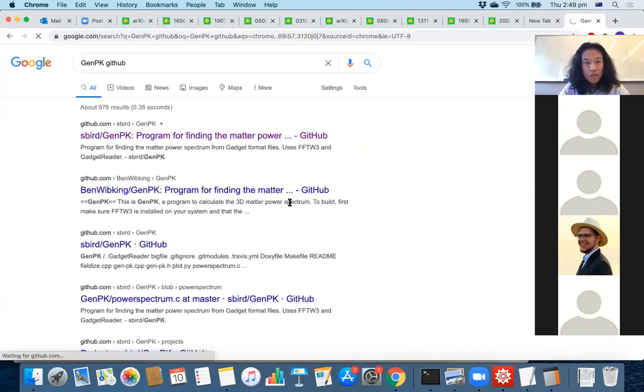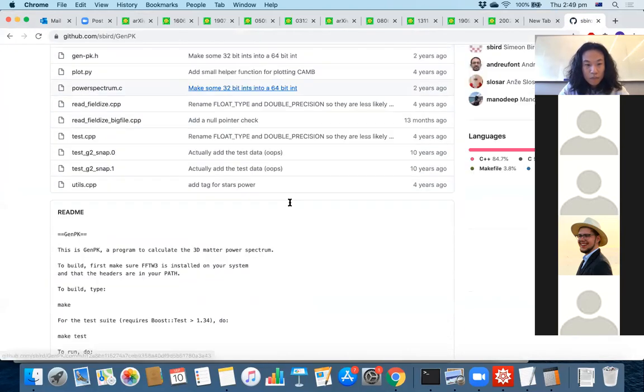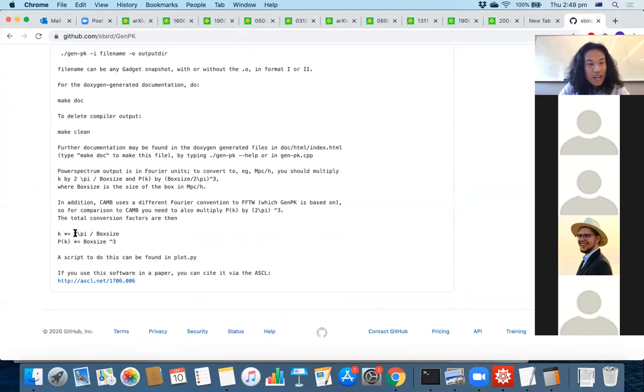If you go on his GenPK GitHub page, he tells you that if you want your power spectrum and K to be in Mpc/h, you have to multiply the K column by 2 pi divided by the box size, and multiply the power spectrum by box size cubed. You need to do this to make your power spectrum plot actually in the correct units.